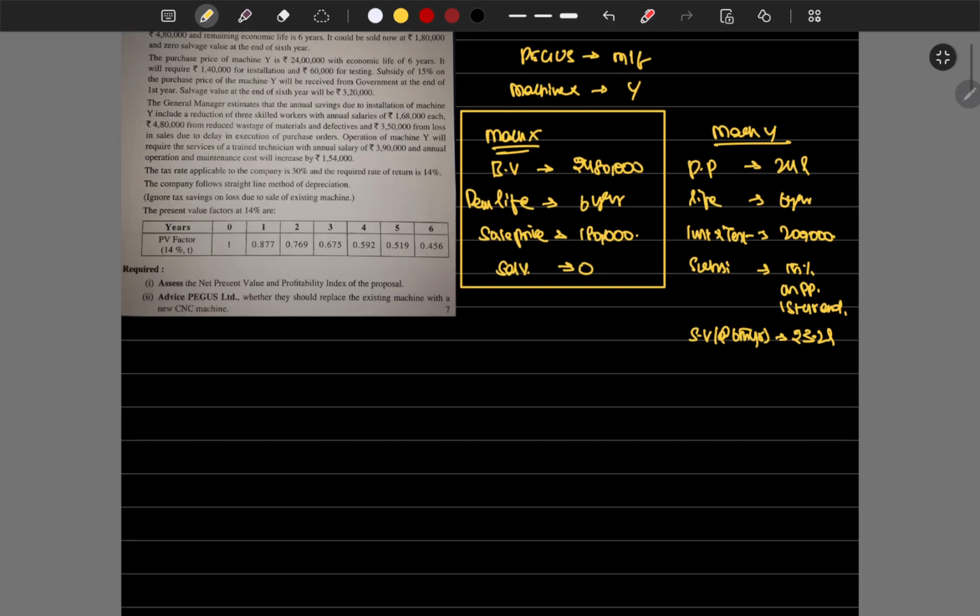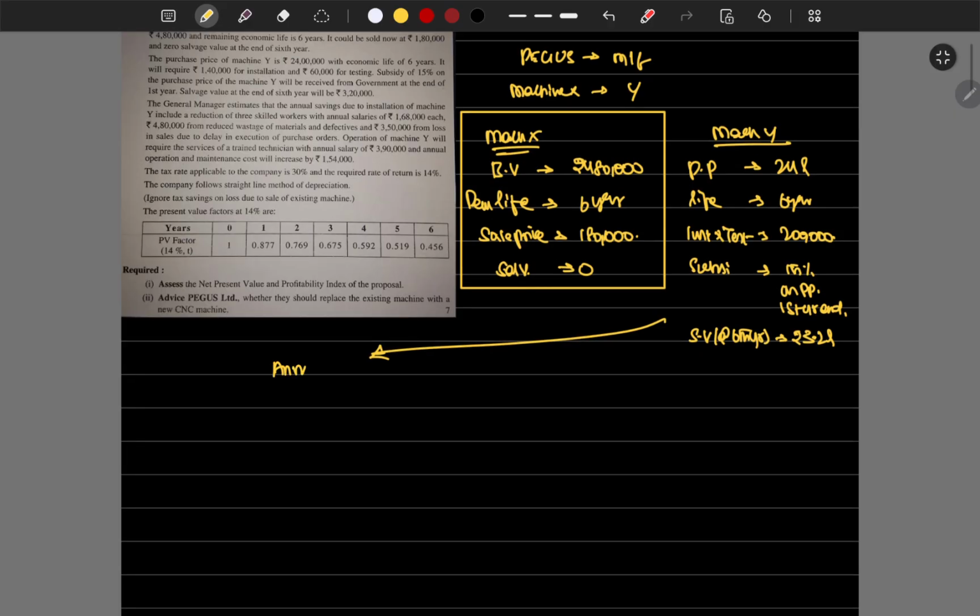Then comes annual savings due to installation of machine Y: salary for 3 workers, which is 1,68,000 into 3, then 4,80,000 saved from wastage of materials, and then 3,50,000 saved from loss in sales due to delay of delivery.